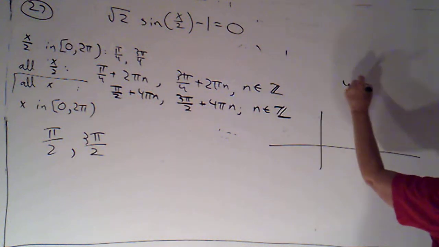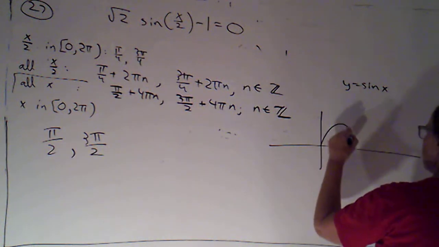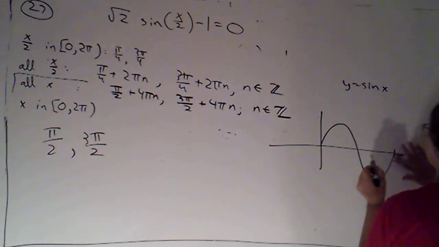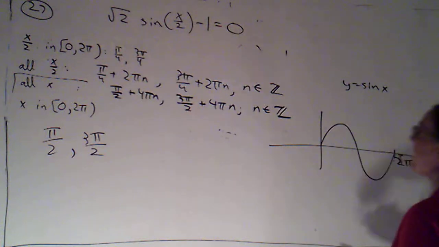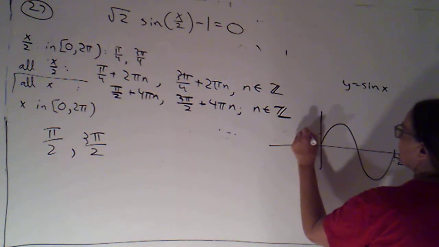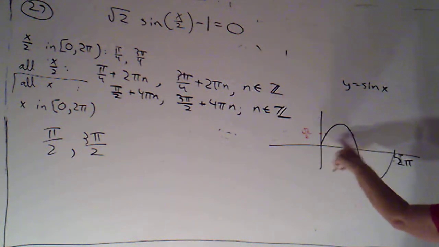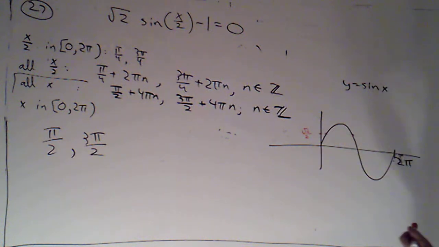If I look at y equals sine of x, that looks like this. It does its thing once over the interval from 0 to 2 pi. And if I'm looking for where that's going to equal root 2 over 2, that happens twice. But notice that happens in the first half of the period. Okay.